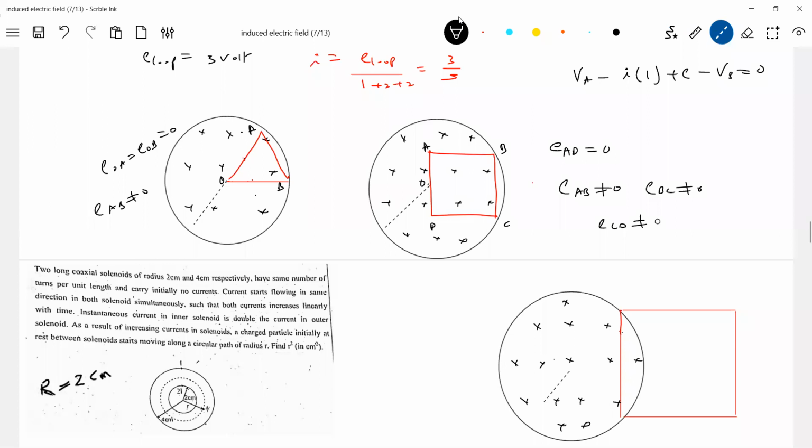And let this be the center of the loop. Now what about EMF induced in all A, B, C? Total EMF induced in the loop will be only due to this shaded part. This is the effective area you have to take. I'll write it S. So let dB bar by dt be equal to B naught. So what is the EMF induced in the loop?